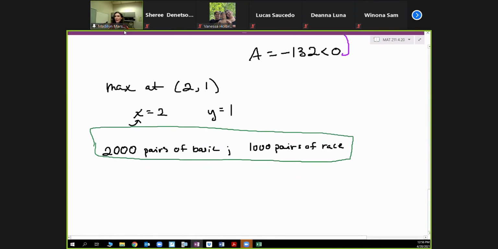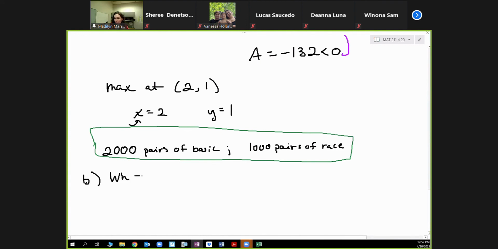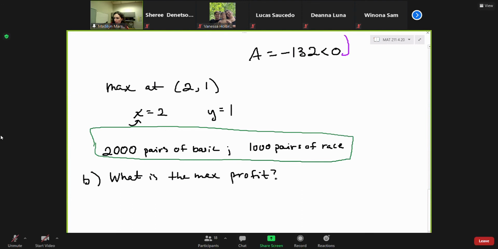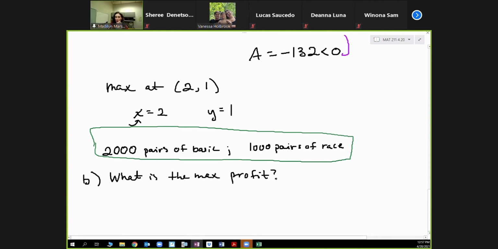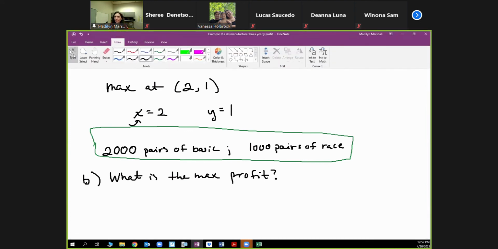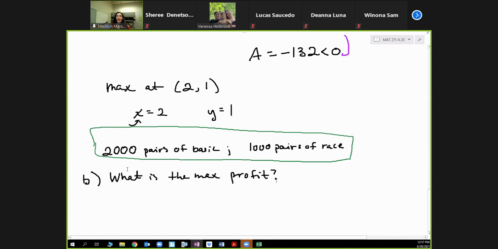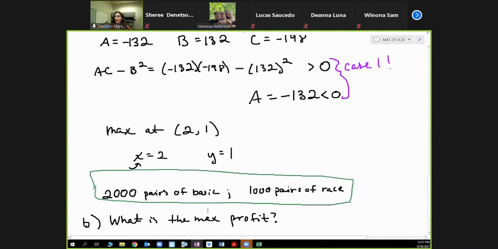Just for fun, I'm going to add a part B, which is what is the maximum profit? So we can practice that last step. So would X be 2,000 then? X is still just 2 because of our equation. I'm going to scroll back up.